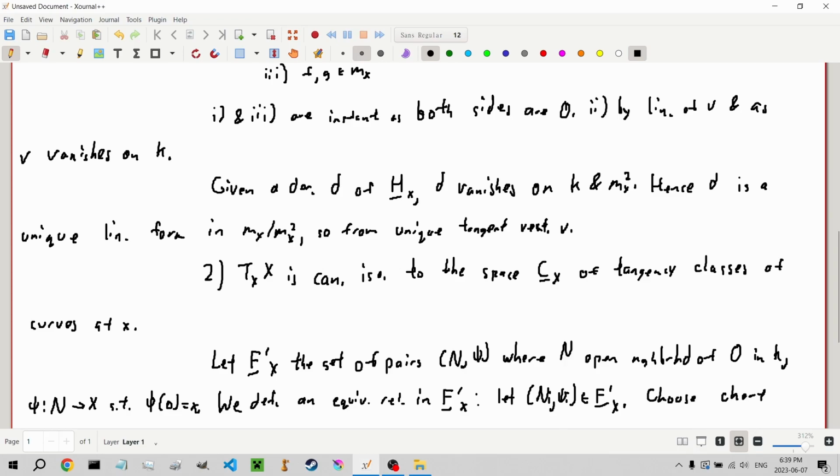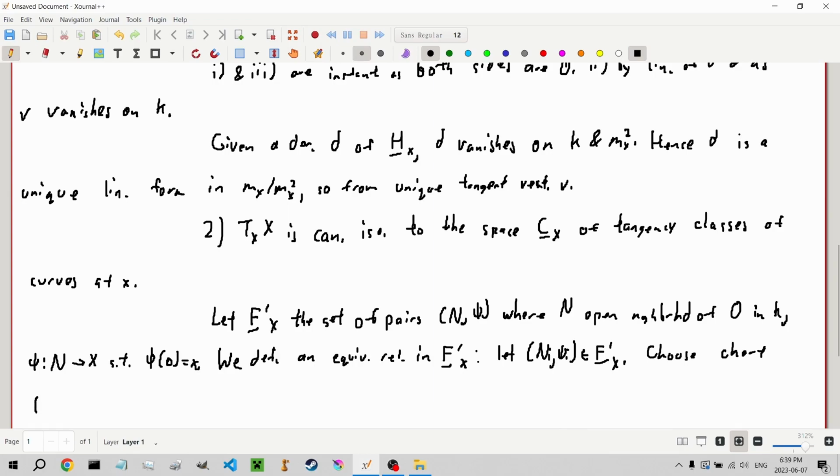Choose a chart phi of X at x. Then the composite of this phi with our c_i is defined in the neighborhood n_i intersect c_i inverse of U, which is a neighborhood of 0.